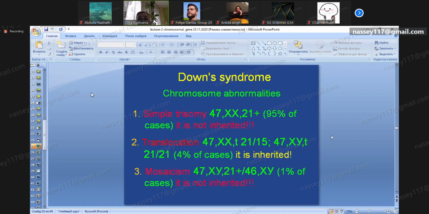Here you can see translocations between the 21st and 15th chromosomes and the 21st and 22nd chromosomes, and mosaic form. The karyotype of a patient with mosaic form will have two types of cells presented through a slash: the first one will be the trisomy karyotype, and the second one will be the normal karyotype.